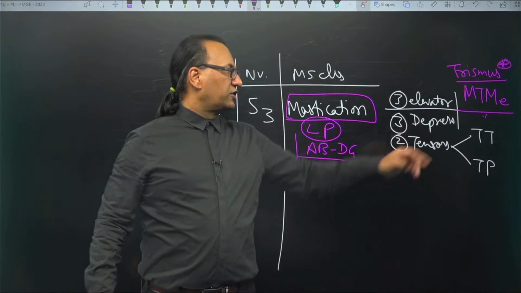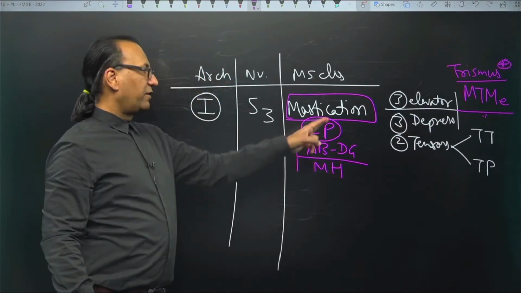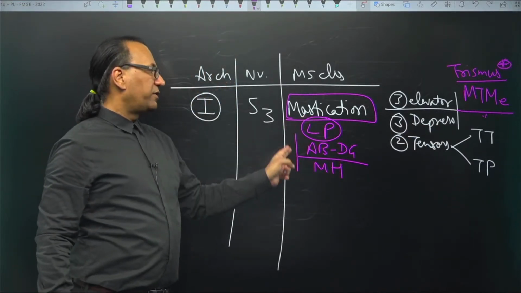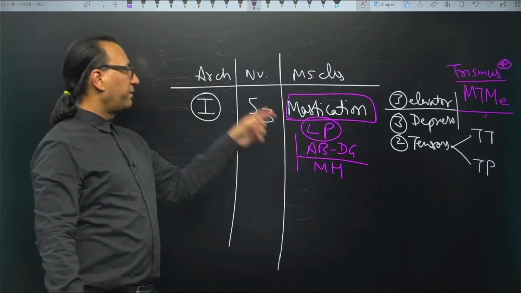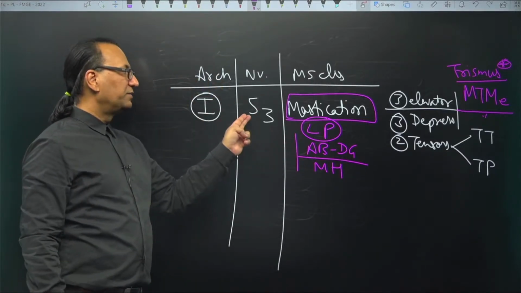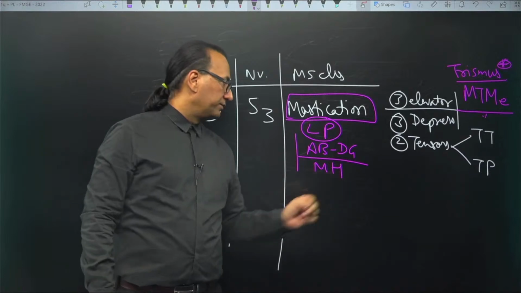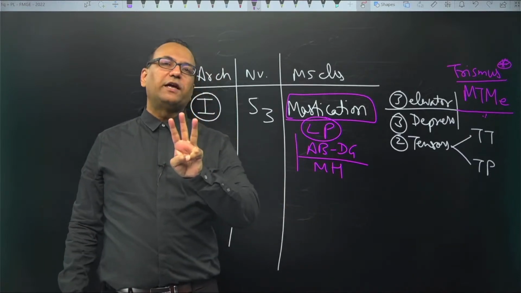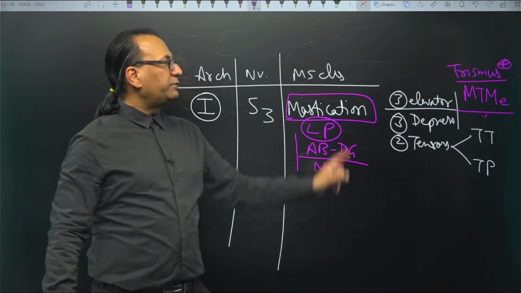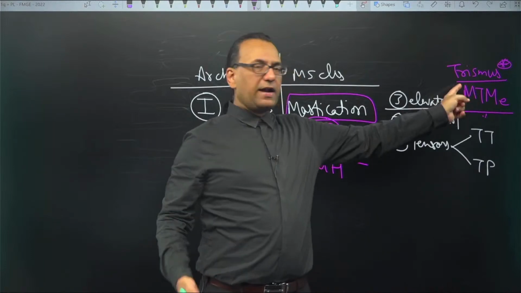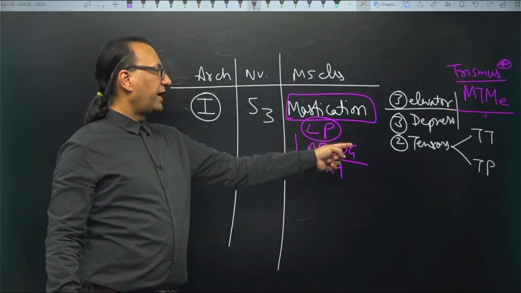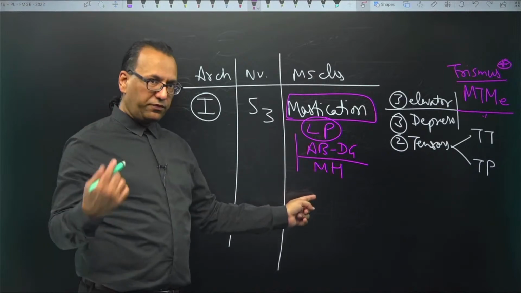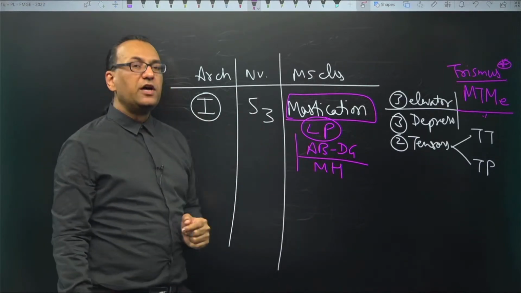So the 3 depressors of mandible are, number 1, lateral pterygoid. Number 2, anterior belly of digastric. Of course, all of them should be supplied by mandibular nerve branch of trigeminal. And number 3, mylohyoid. So 3 muscles are antagonizing the other 3 muscles. MTM are elevators. They must be antagonized by the depressors, which are lateral pterygoid, anterior belly of digastric, mylohyoid, all developing in first arch, supplied by mandibular nerve branch of trigeminal.